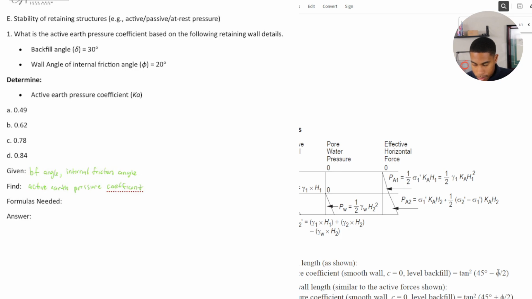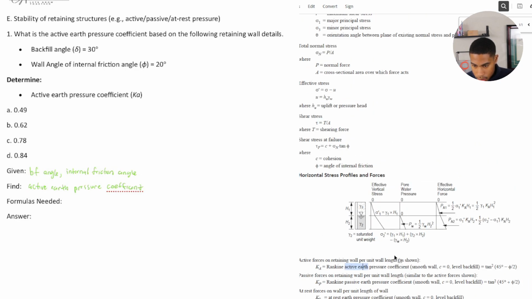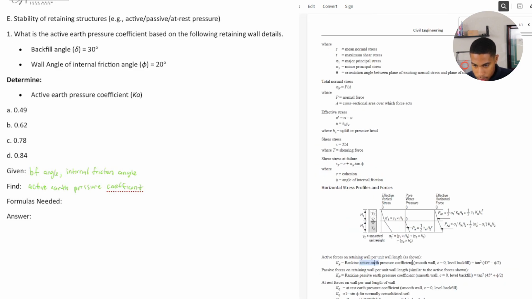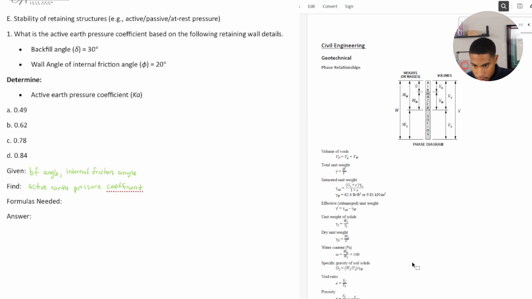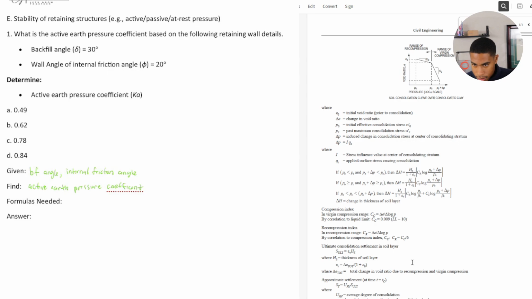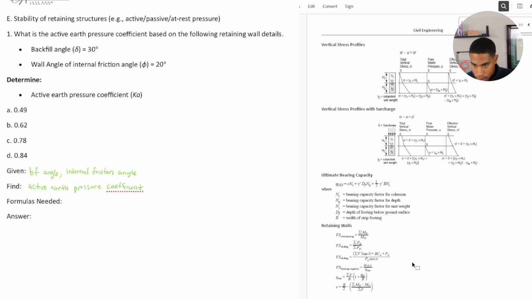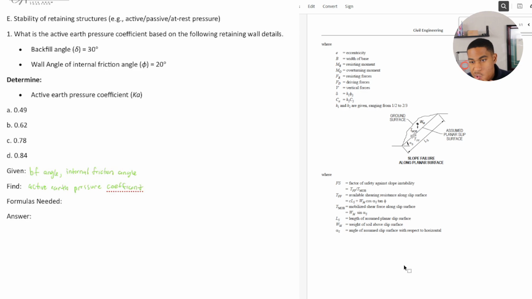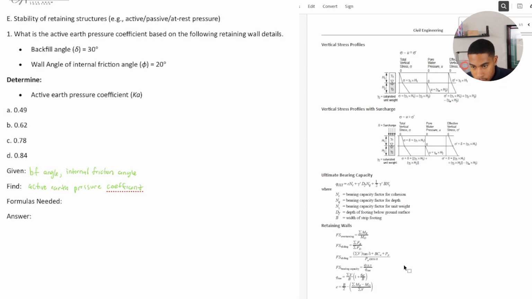Well, what is that symbol, phi? Well, we take a closer look, just looking through the geotech section to see if I can find what phi is. All right.